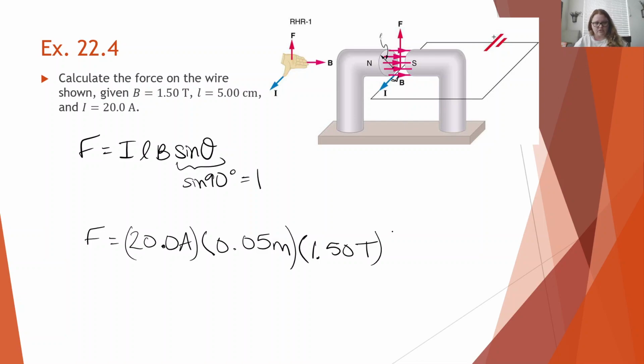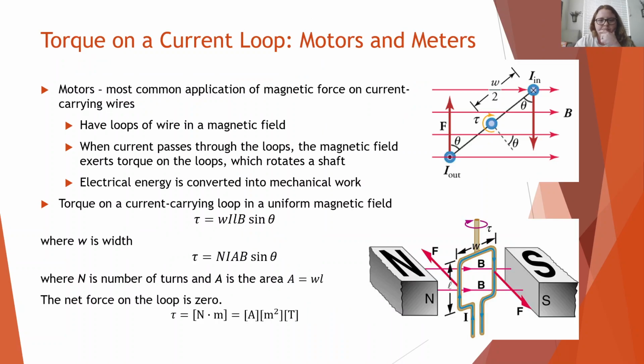Let me do that in my calculator: 20 times 0.05 times 1.5 equals 1.5 newtons. So this is the magnetic force on the wire. Here is our wire here. I'm going to stop here and then we will continue our discussion with torque.